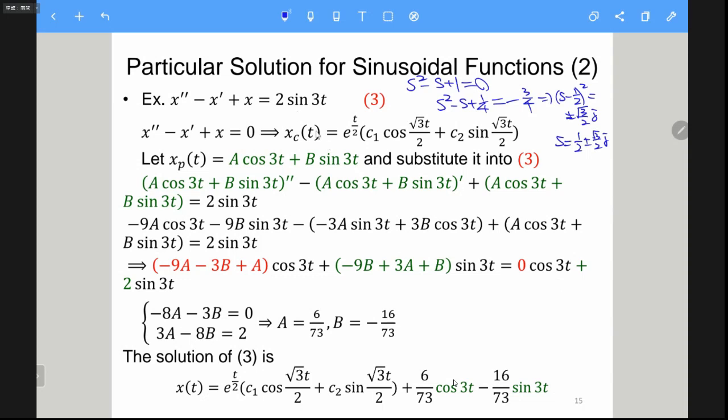On the right side, we have 0 times cosine of 3t plus 2 times sine of 3t. So the red parenthesis equals 0, and the green parenthesis equals 2. You can solve this joint equation to get a and b. Finally, the complete solution will be the complementary solution plus the particular solution, like this.